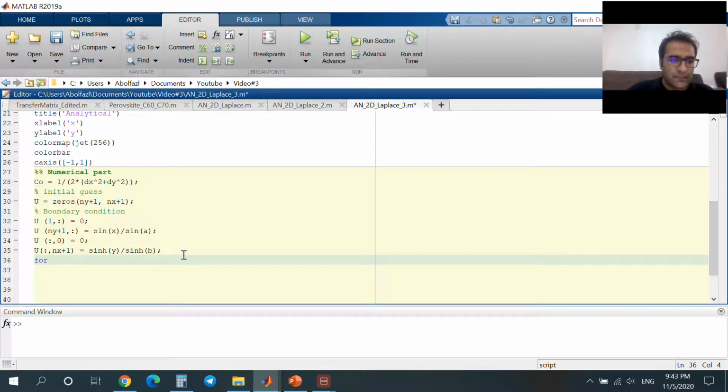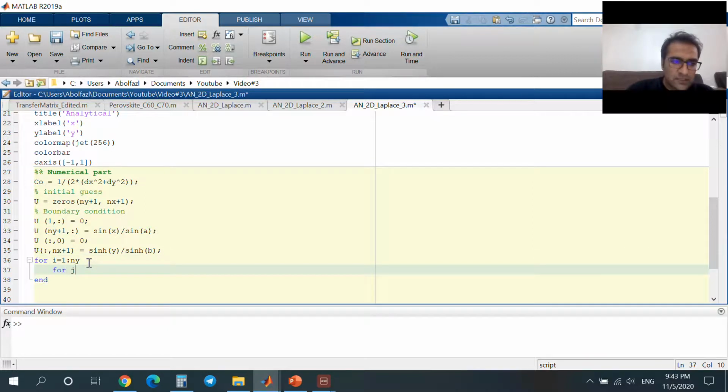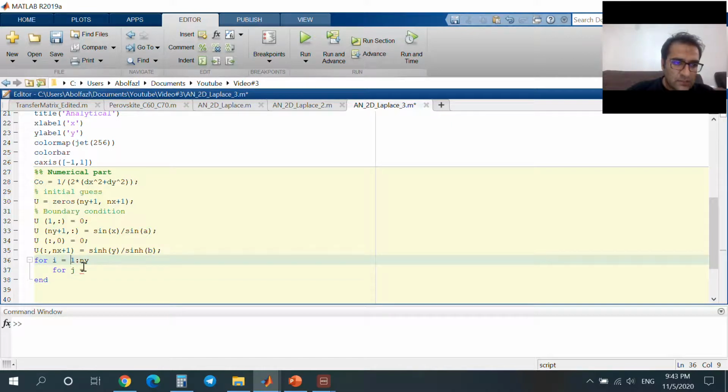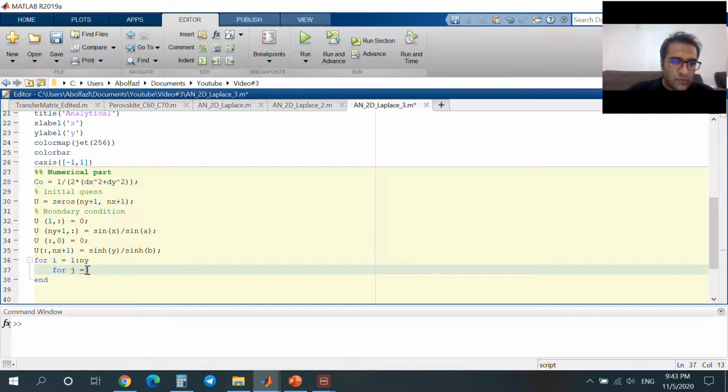Okay, for i from 1 to ny, we say that i represents the y, and for j that represents the x-axis, it should change not from 1, because 1 is our boundary condition and we are interested in a point after the boundary condition, so it should be 2.